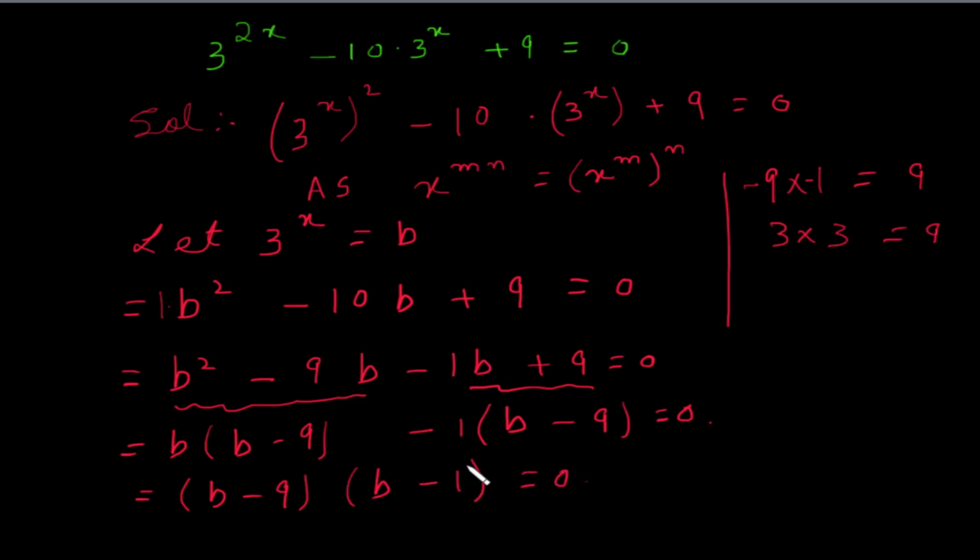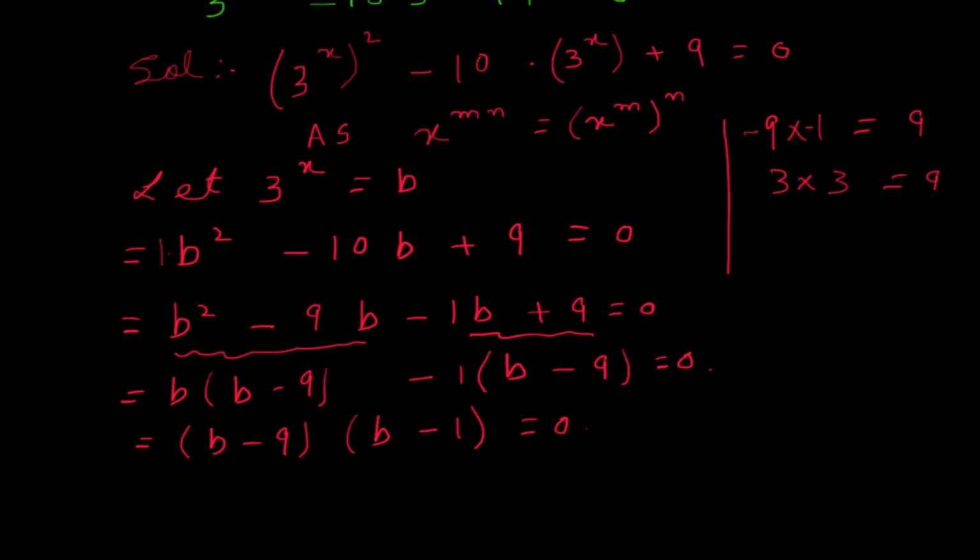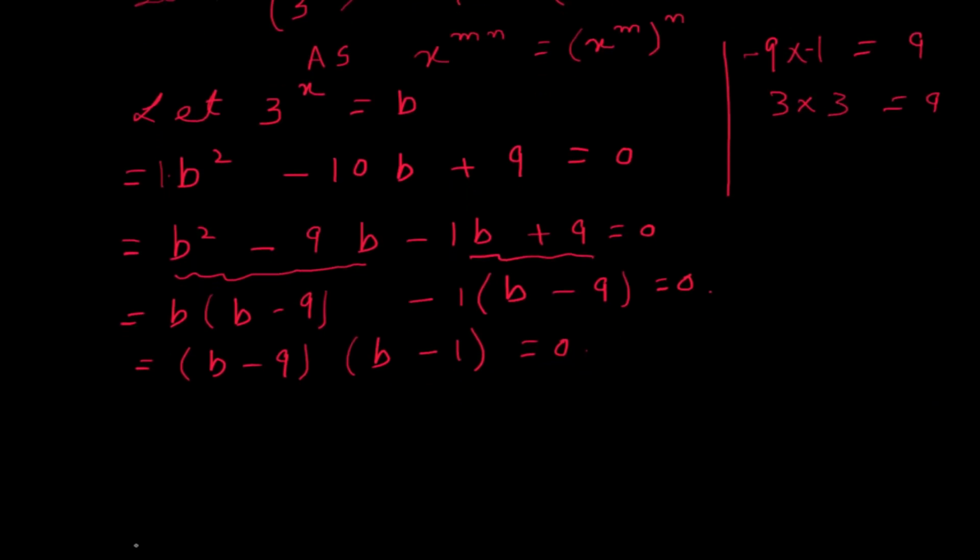Now we will use the zero product property: if the product of two or more factors is equal to 0, then at least one of the factors must be equal to 0. Now we will set each factor equal to 0 and solve for b separately.